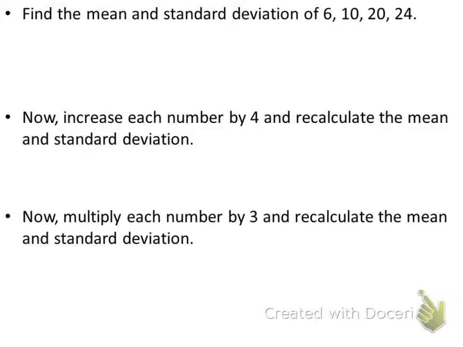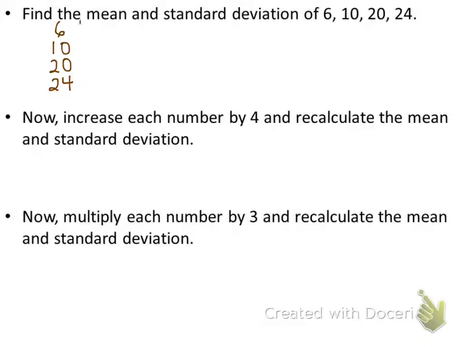So now we're going to find the mean and standard deviation of 6, 10, 20, and 24. So I'm going to list my values as before. And if you need to draw out the table so you have all the values, you should be doing that. But I really want to focus on some changes here. So let's do a little shorthand as we go through. 6, 10, 20, and 24 adds up to 60.